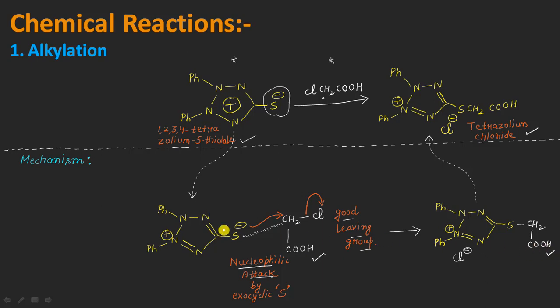And moreover, this positive charge will now be compensated by the Cl negative, which acts as the counter ion here, right? And this is our tetrazolium chloride molecule and the final product of this reaction.